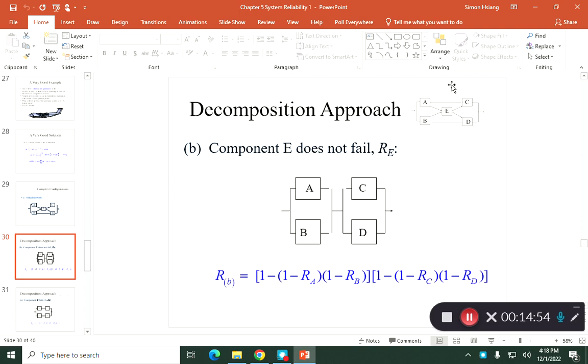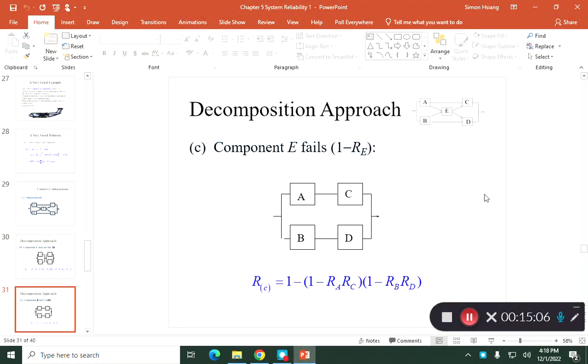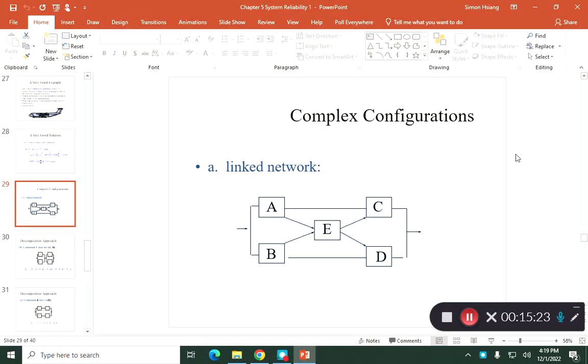Because E can be treated as a link, so you have AB and CD, because E is 100% guaranteed. And then, of course, you can have component E fail, then you rely on the upper link and lower link. Now it turns into a high redundancy system. So you basically say, let me have a combo. So this complex configuration allows you to have both high redundancy and low redundancy.